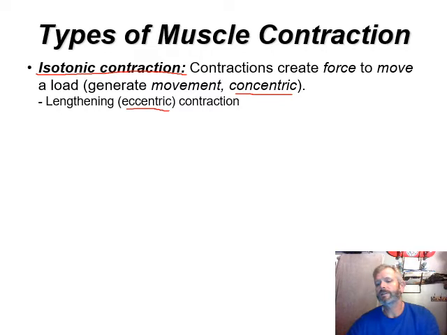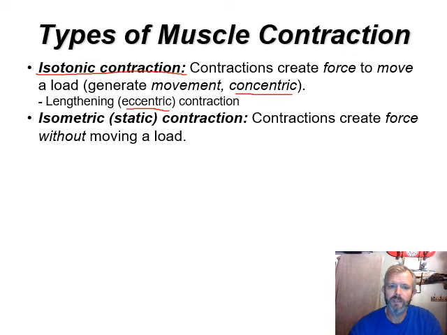Concentric, think of, say I go to the gym and I'm going to do my biceps. Boom, I contract. That's concentric. But when I bring it down, my muscle is still contracted, but my muscle is lengthening. That is an eccentric contraction. Movement is taking place.